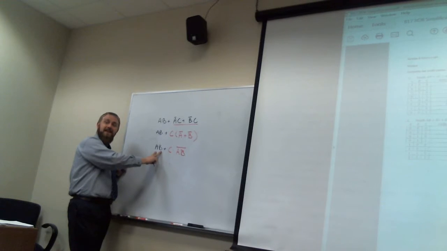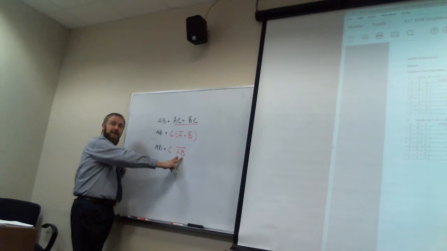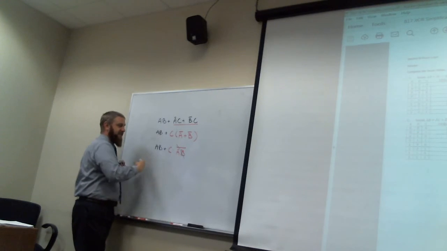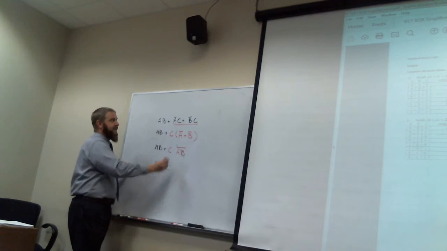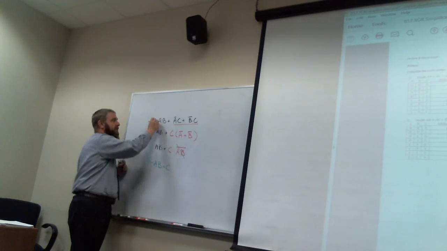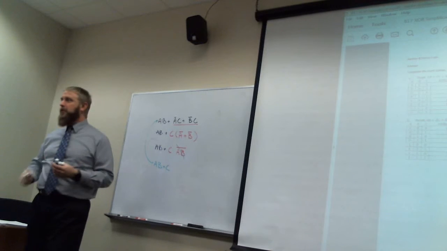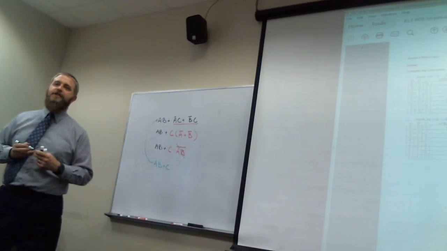You got an AB, AB not. You can cross it out. There by common identities, you can cross it out. Therefore, AB or C.